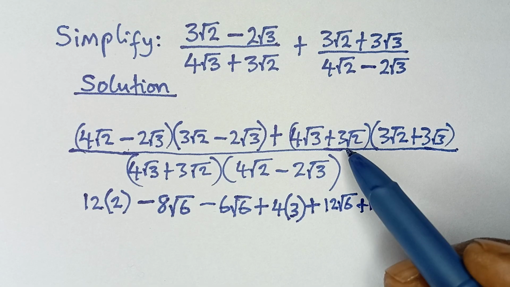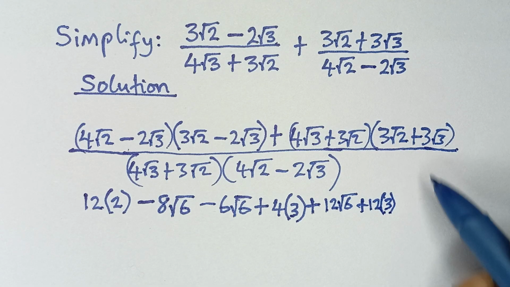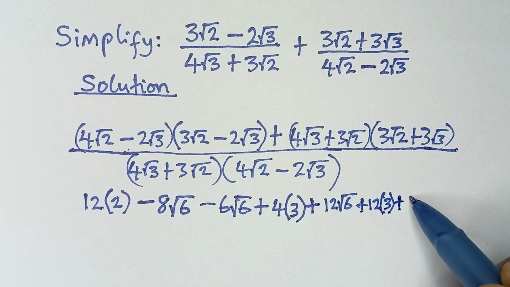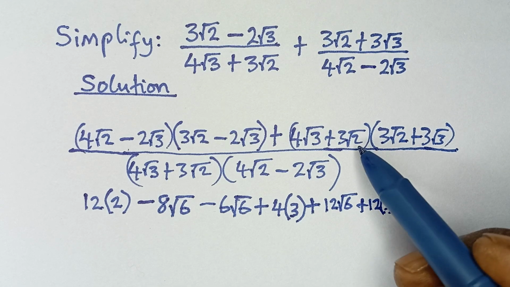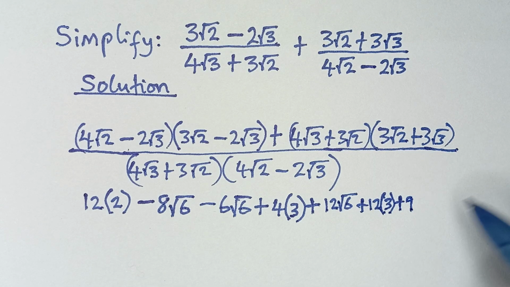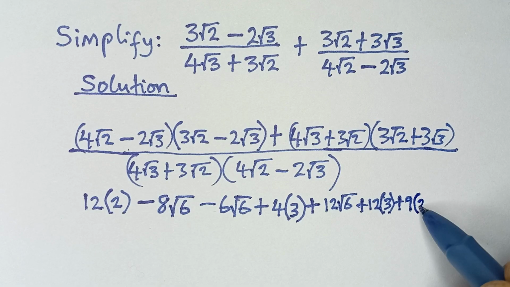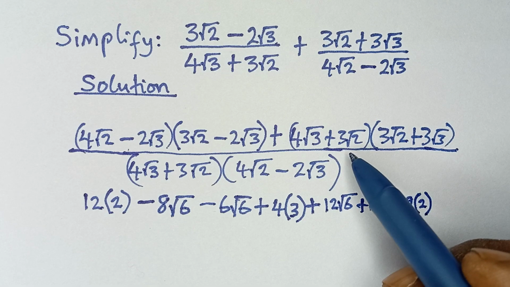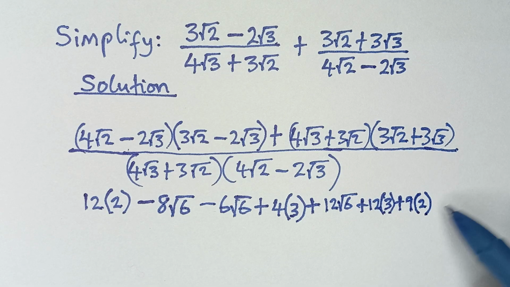Then the next one, 3 multiplied by 3, that will be 9, plus 9. And then root 2 multiplied by root 2 is simply 2, without the root sign. And then finally, 3 multiplied by 3 is 9 as well.